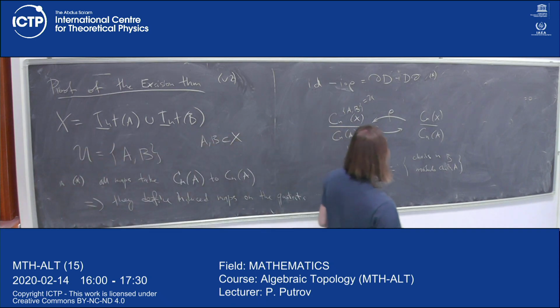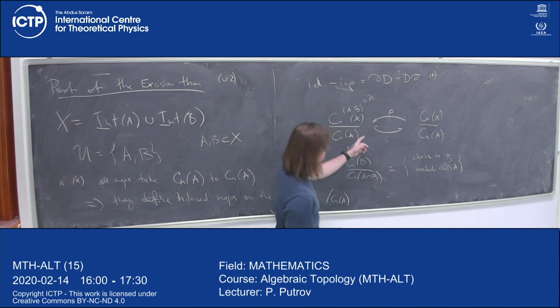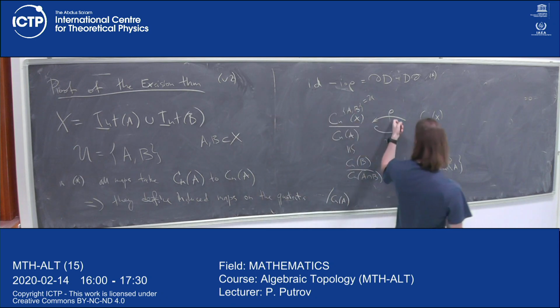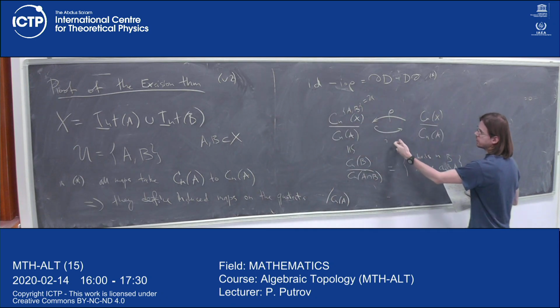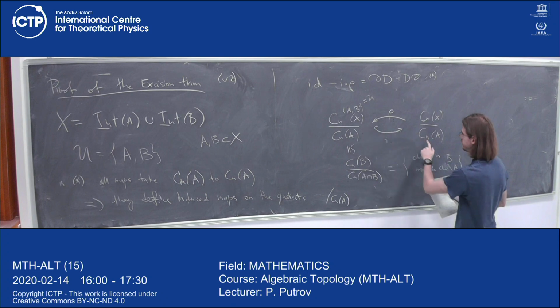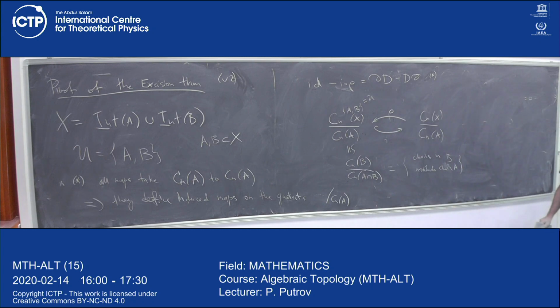And so on these induced maps of the quotient, we still have this formula. So we still have the property that the induced maps on the homologies of these chain complexes corresponding to the quotients will be inverse to each other.